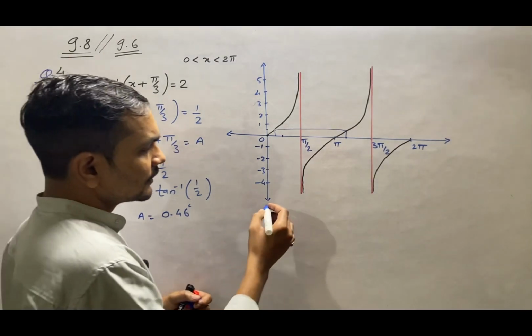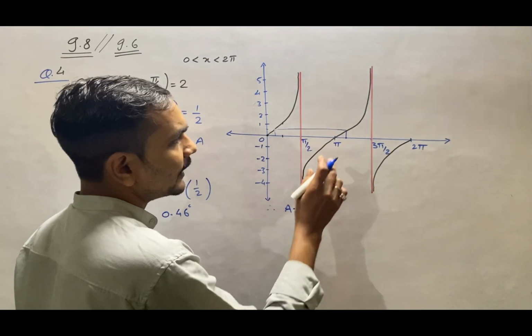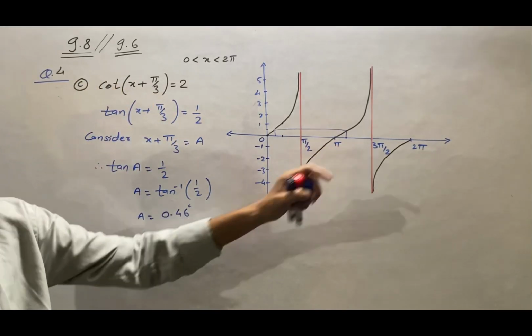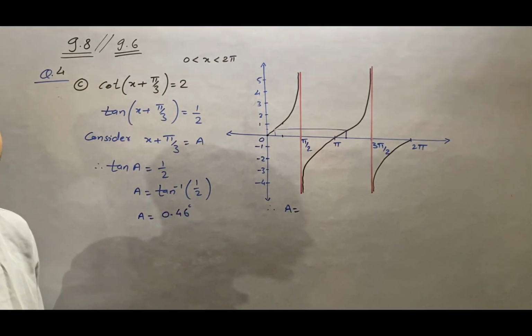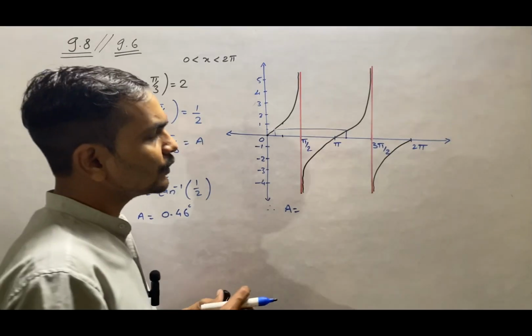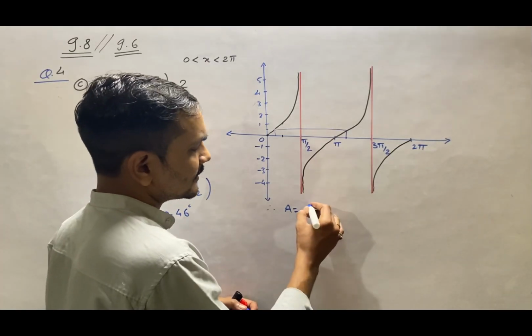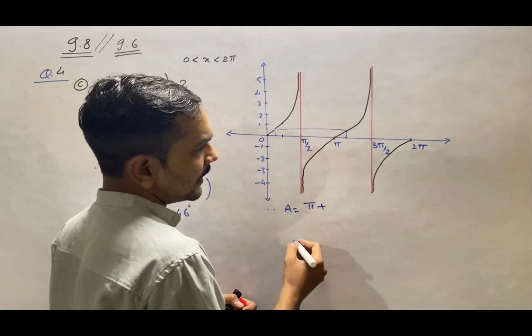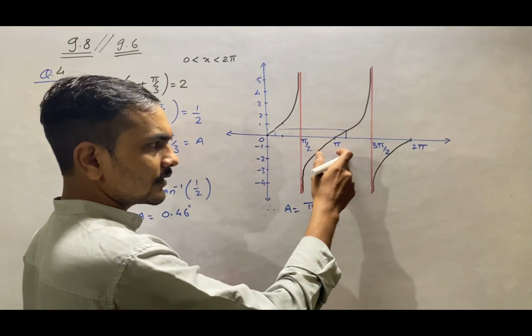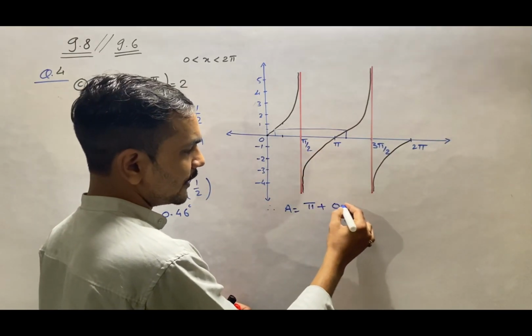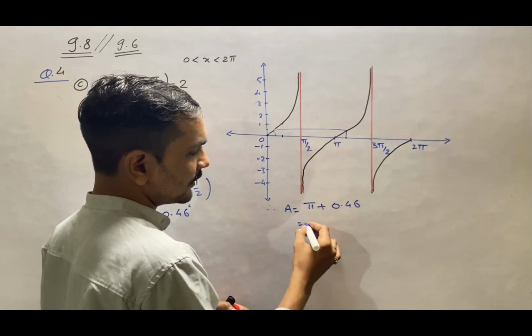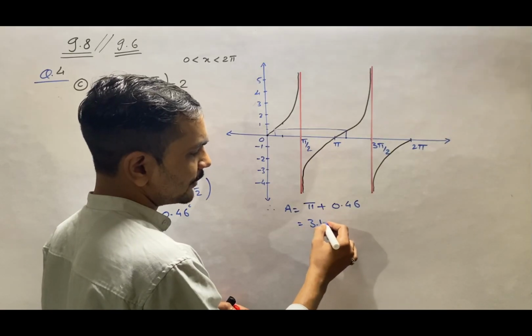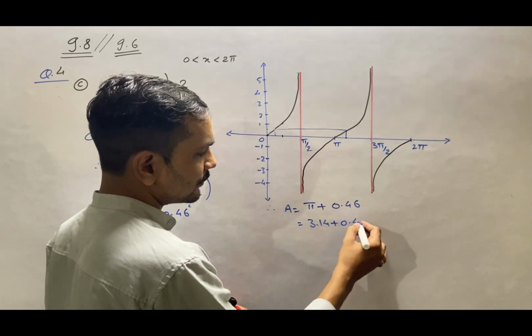So now this angle A lies in the third quadrant. For the third quadrant, what we have to do is pi plus the given angle we received, 0.46. So the value of pi is 3.14 plus 0.46.